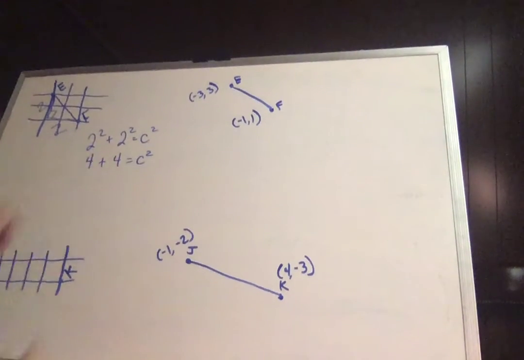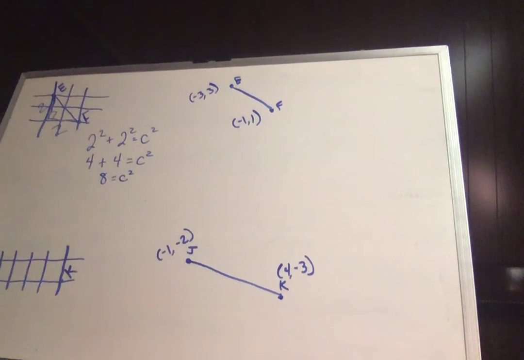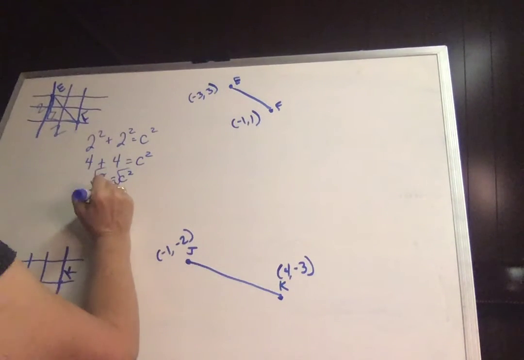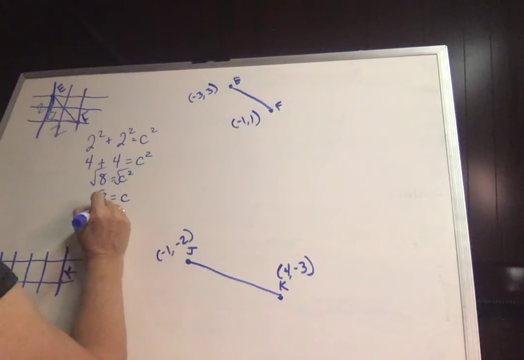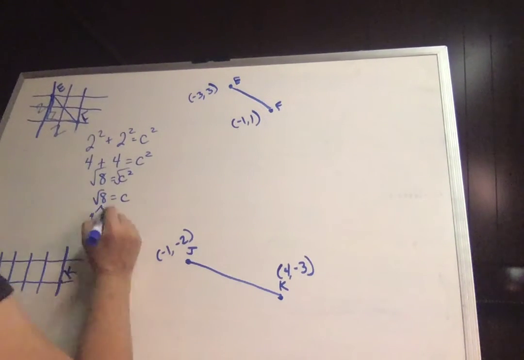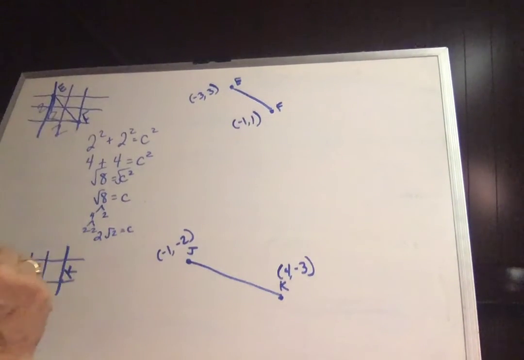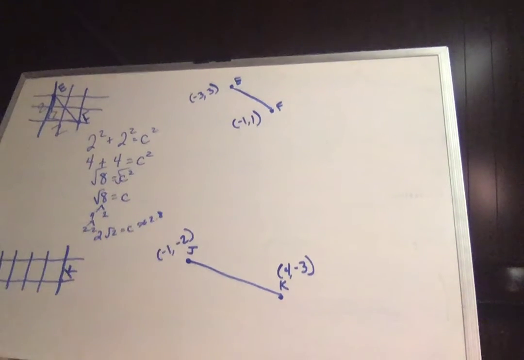And 4 plus 4 is 8. And the last step, taking the square root of each side, the square root of 8 equals c, or breaking it down, 2 square root of 2 equals c. Or if it's in decimal, it's about 2.8.